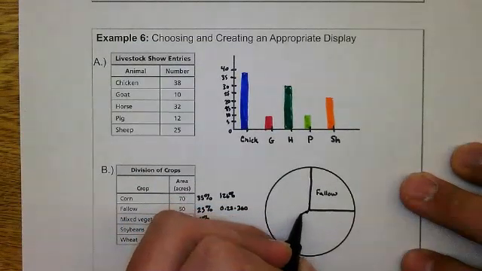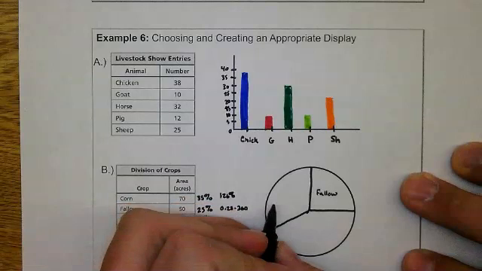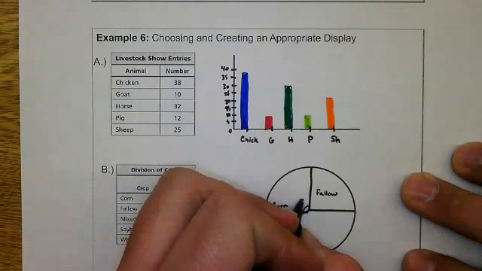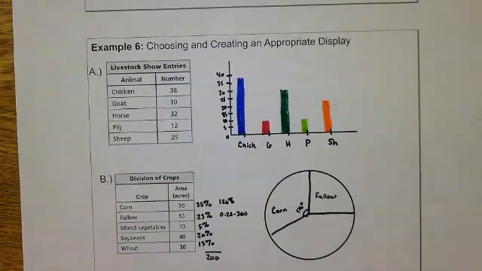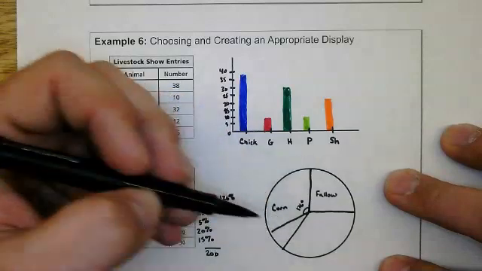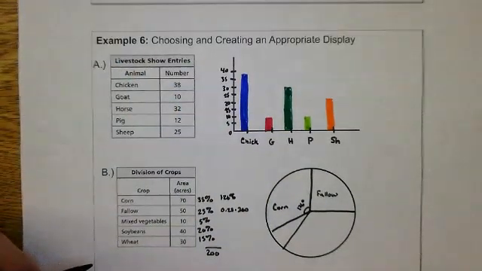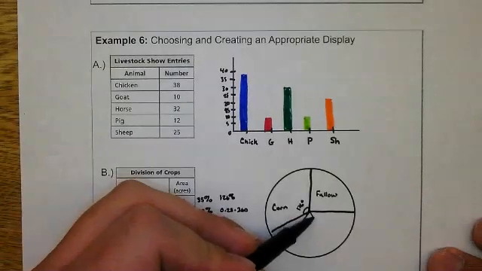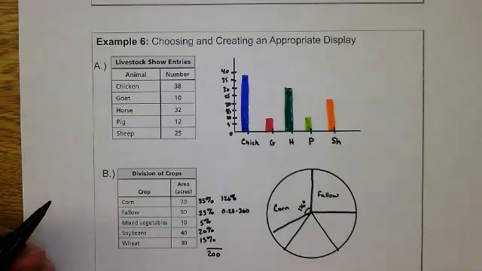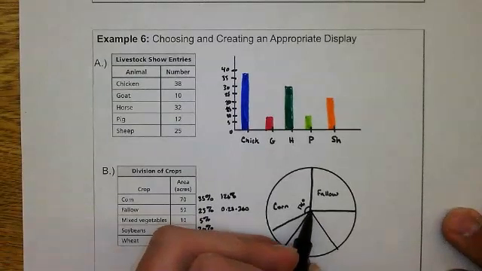So this will be our corn. So this should be approximately 126 degrees. Then 10 would be about 18. 20 would be about 72. And 30 about 102.